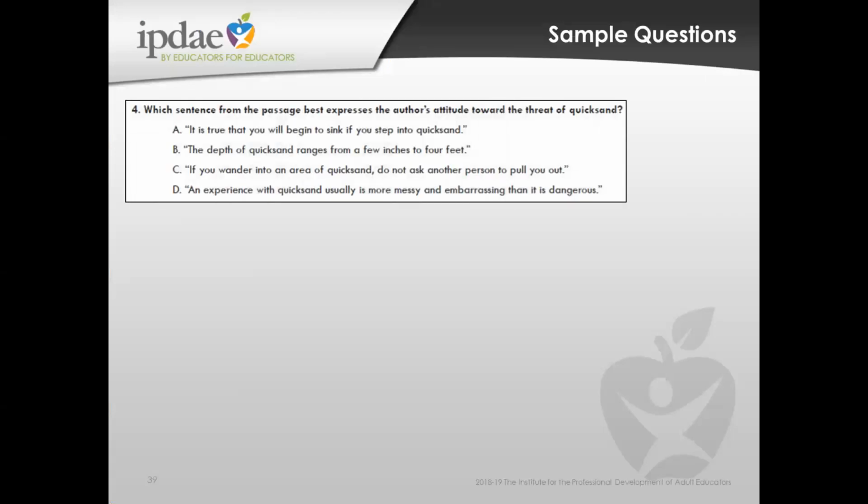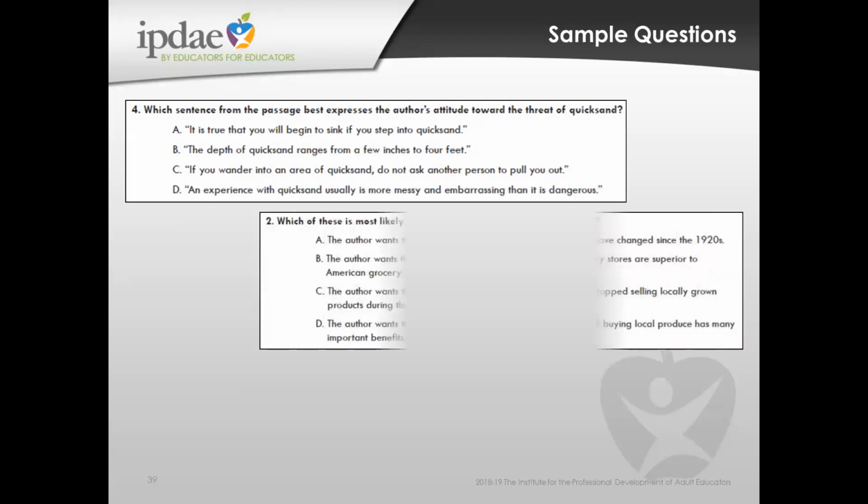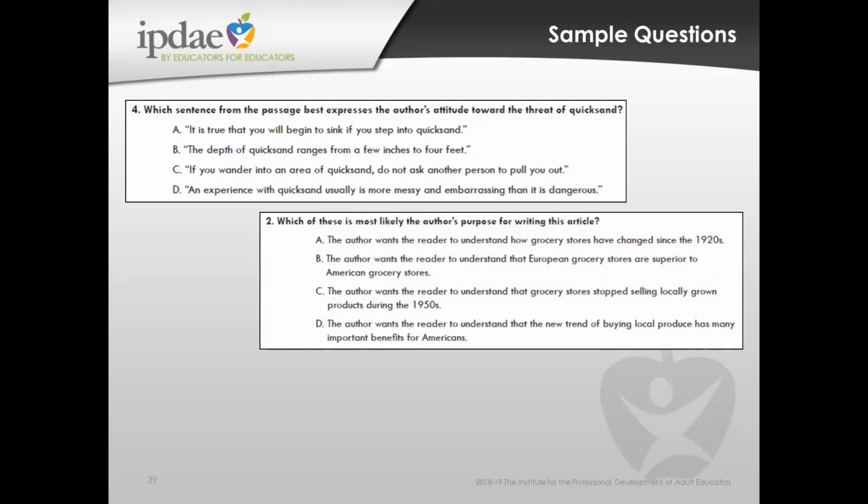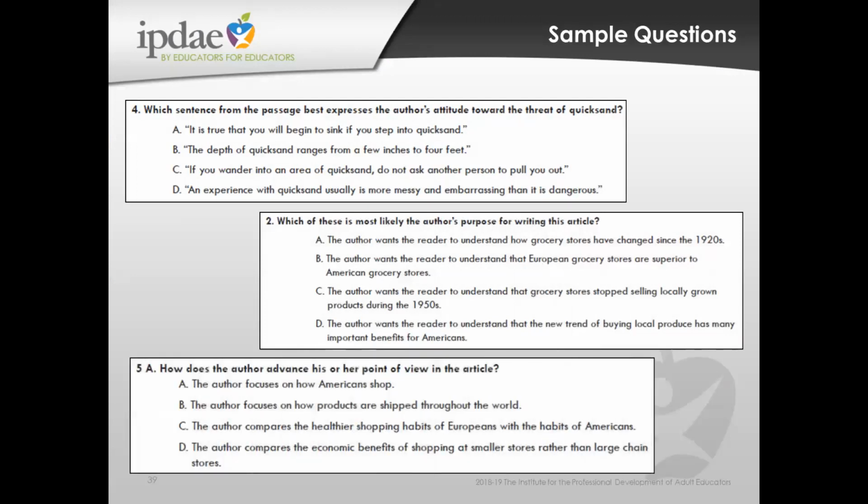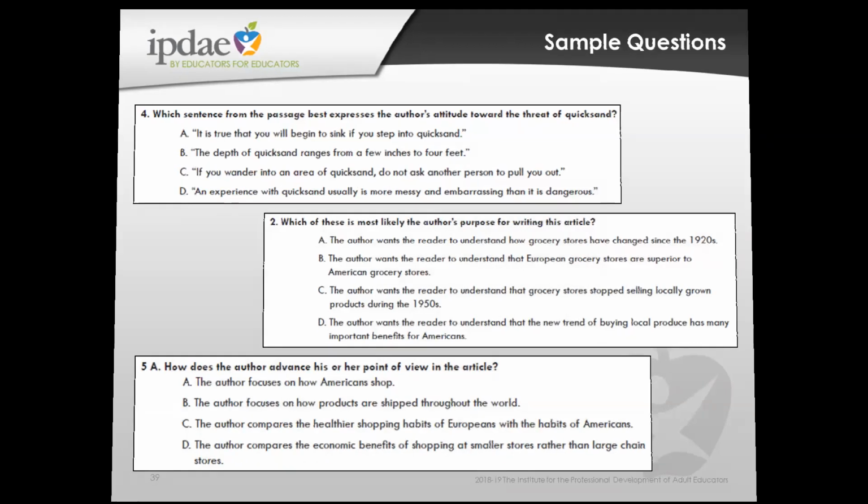And when we look at just a couple sample questions that I found in the TABE 11 and 12 practice questions, again, we've got author's attitude. We have author's purpose. And again, a point of view. All the types of things that we've covered in this particular webinar so far.